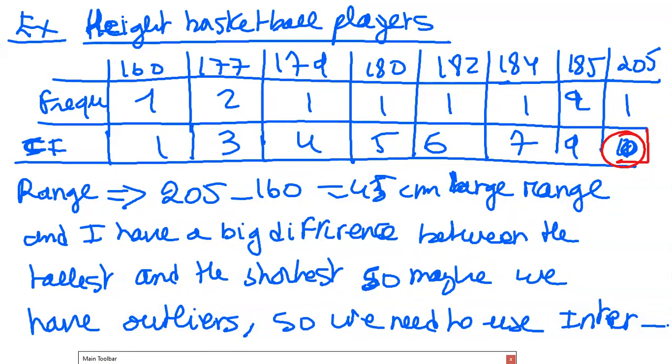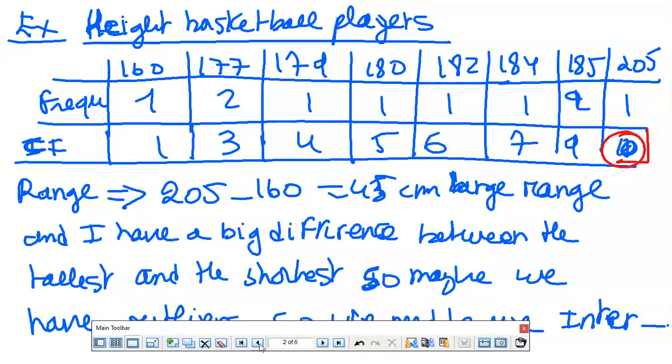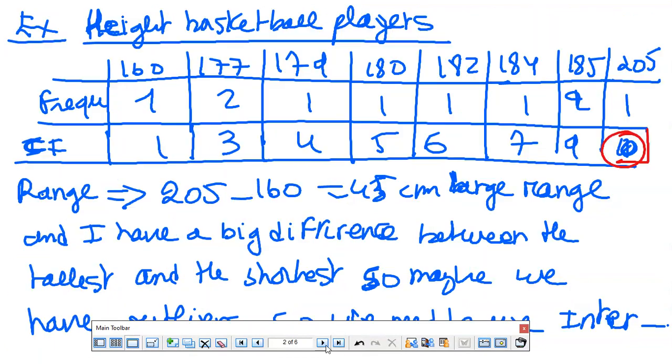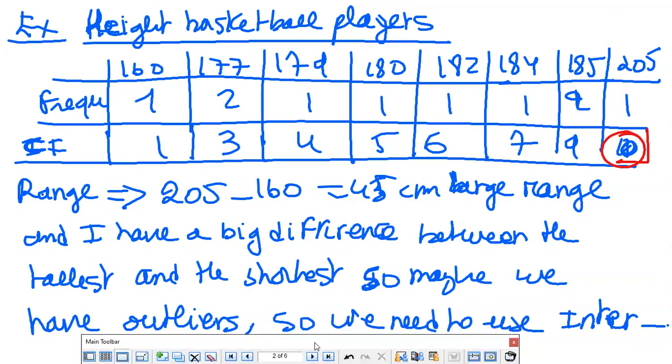So we need to use another interpretation or another method to study this case here. So what we're going to do is use the interquartiles to study this table.